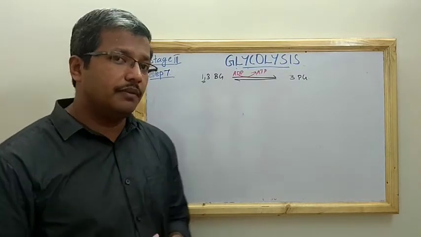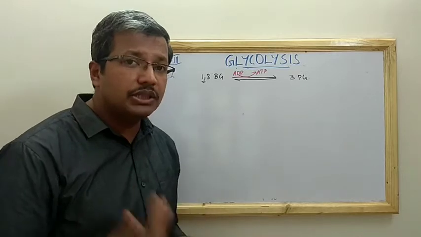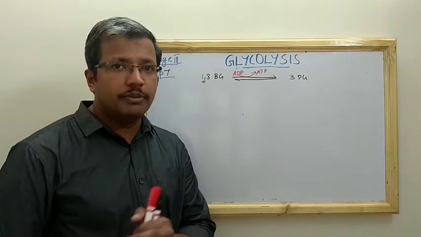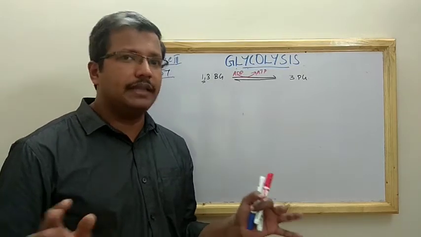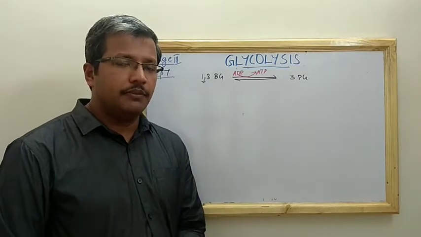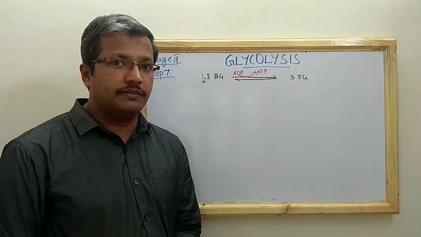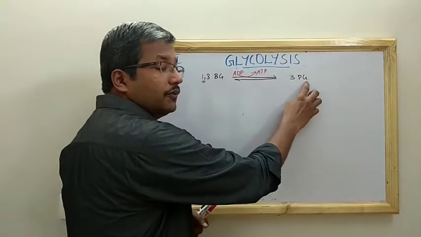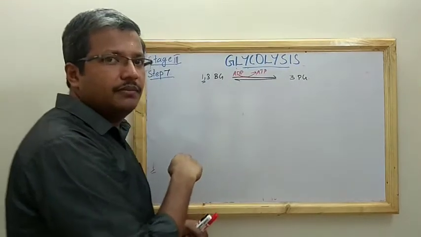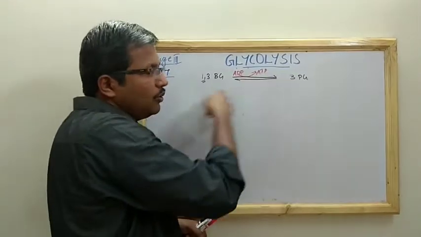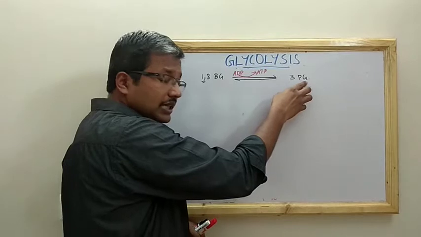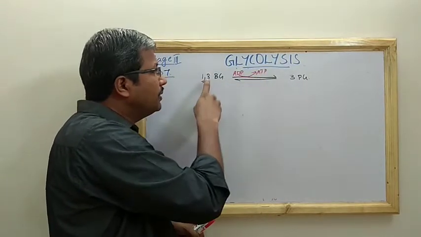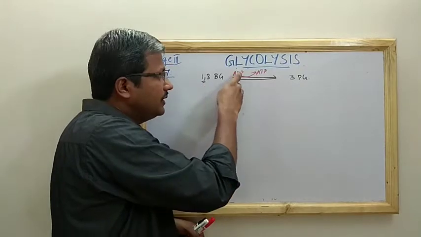So ADP will be converted into ATP. Now who will be the enzyme? Definitely phosphorylation is happening, so phosphorylation means kinase will be the enzyme. Now the question is, what kinase? It is phosphoglycerate kinase, because we can see the opposite direction. Phosphoglycerate is getting a phosphate group from ATP and forming 1,3-bisphosphoglycerate releasing ADP.